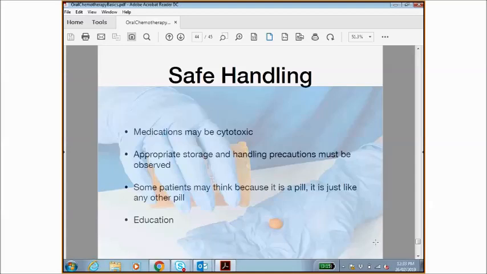Use a different pill tray if you're counting these pills. And again, remember to tell people to treat this special. And the nurses on the floors might not know what the medication is when it comes in, and they just pop it out and give it to the person. They have to make sure they're paying attention. And so education is the key to that again.